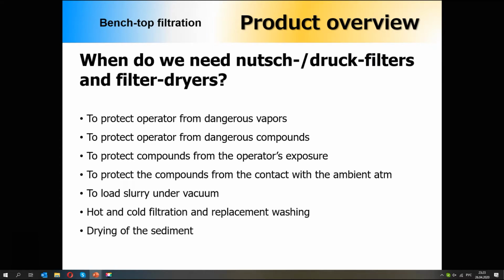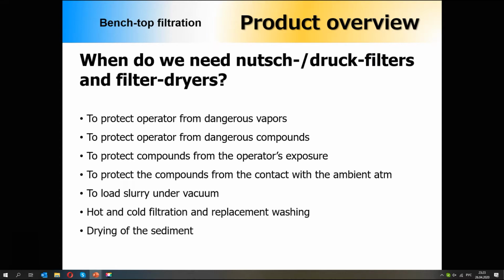But when we're talking about the filtration of a slurry with a total volume of, let's say, 10 liters or maybe 50 liters, then smelling the vapors of acetone can be pretty dangerous. And what if we're filtering something which has hydrochloric acid? This is extremely dangerous. So this is when we need some special equipment.